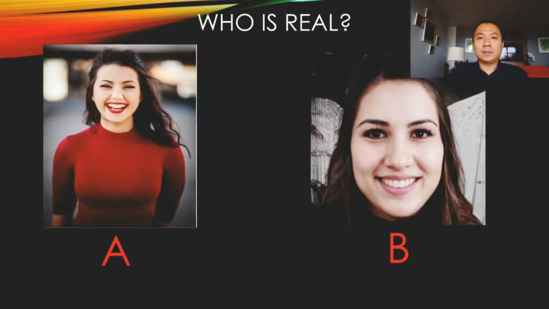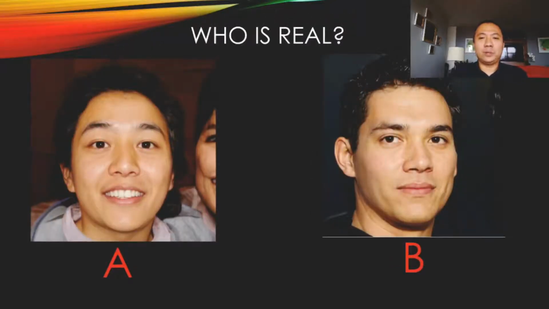So the second set of images that I'm going to show you is this one. Is the person that you see in front of you real, or is it just a figment of your imagination? Is it just a creation of a machine learning model that is so advanced that it is able to trick you into believing that the image that you're seeing is real? Is it image A or is it image B?